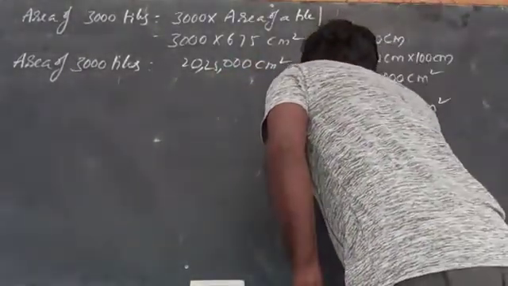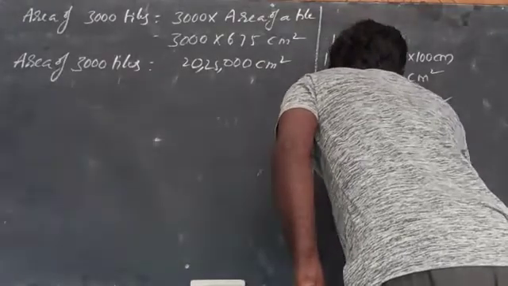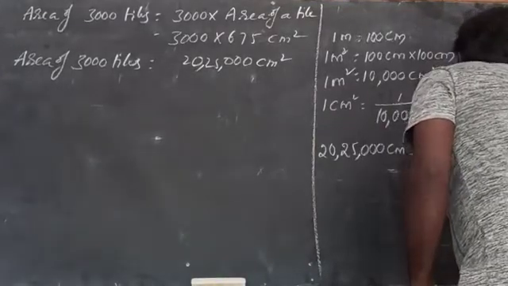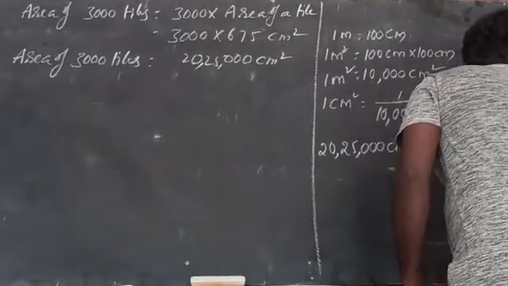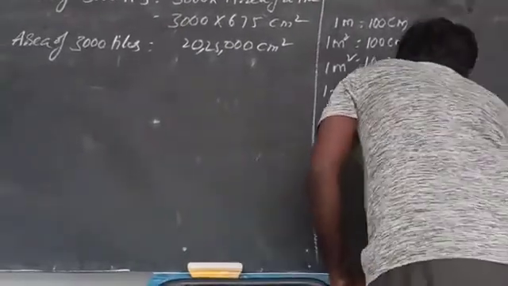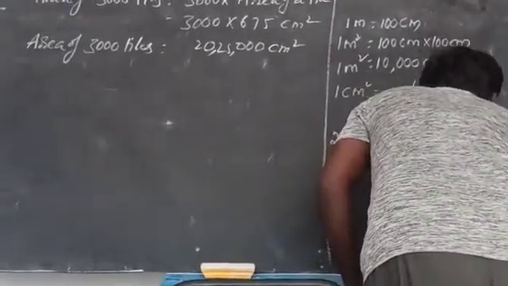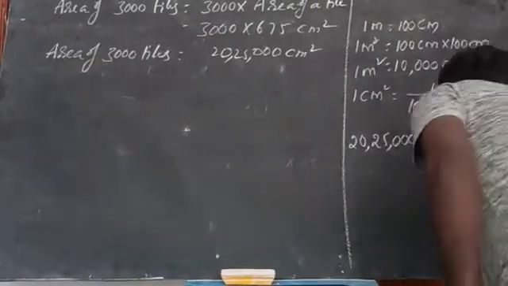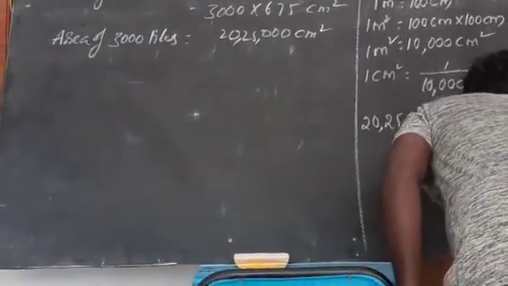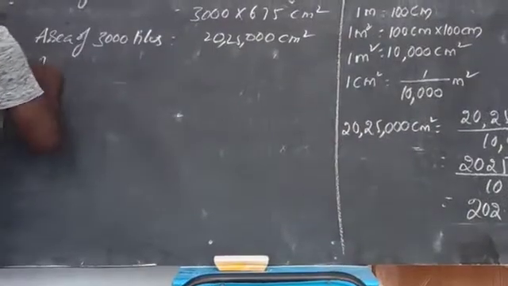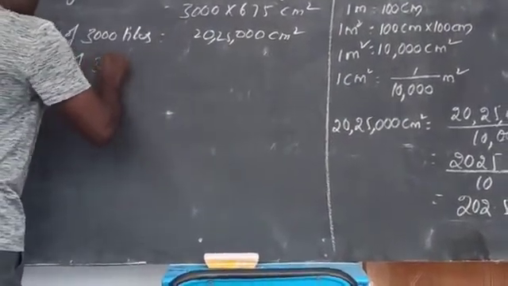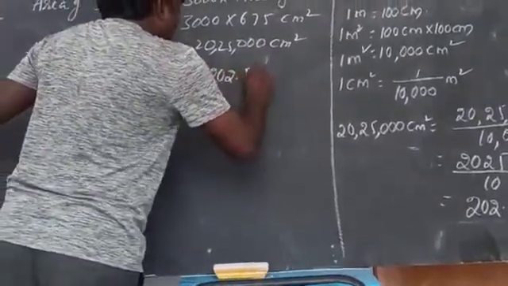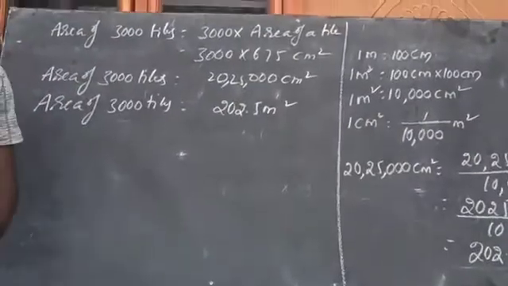So that is equal to 20 lakh 25,000 by 10,000 meter square. Zeros cancel, 2025 by 10 meter square. The denominator having one zero means we get 1 decimal. So that is 202.5 meter square. So area of 3000 tiles in meter square is 202.5 meter square. So here, what is the question?